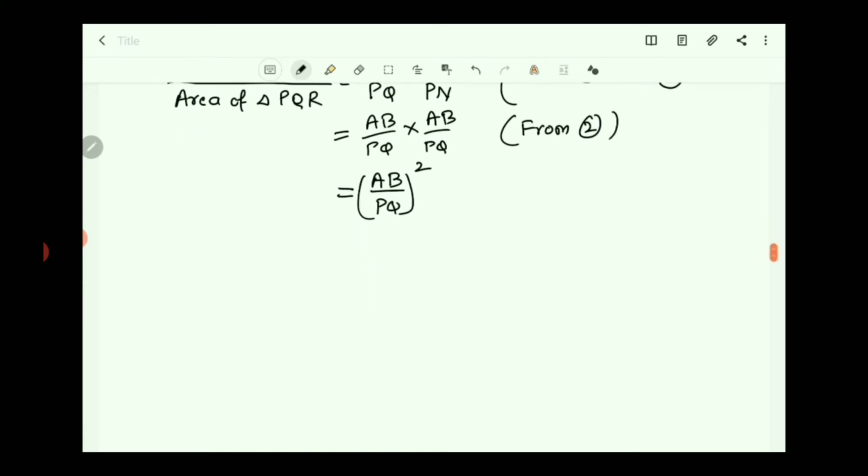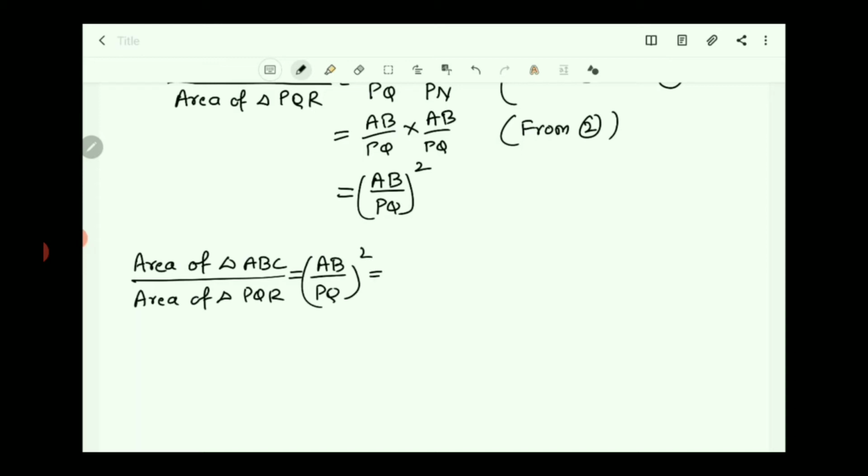Therefore you can write area of triangle ABC by area of triangle PQR is equal to AB by PQ whole square. AB by PQ is also equal to BC by QR, so you can write BC by QR whole square, and that is also equal to AC by PR whole square.